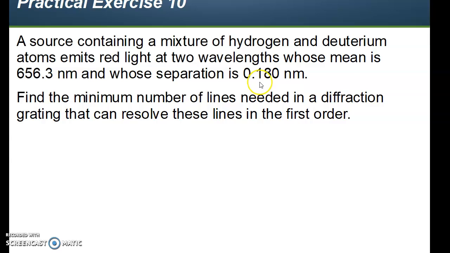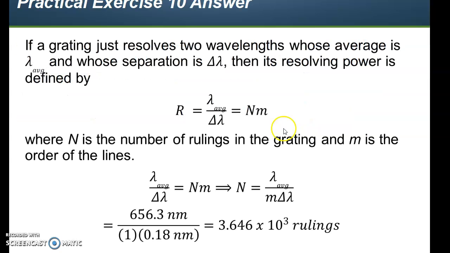The separation is 0.180 nanometers, right? Find the minimum number of lines needed in a diffraction grating that can resolve these lines in the first order. So we're going to go back to that equation, R equals lambda average over delta lambda, which gives you your diffraction grating number N. That's what you're going to end up trying to find.